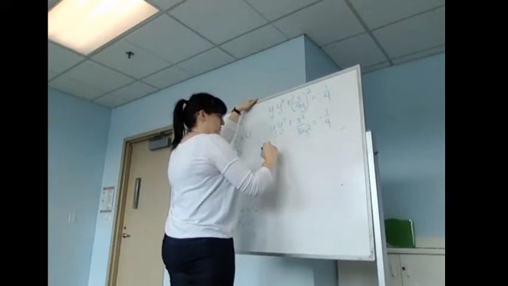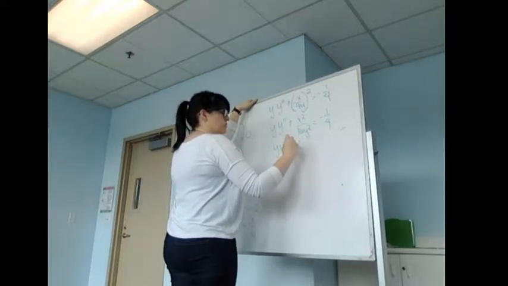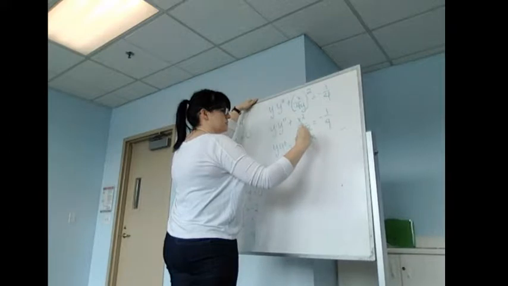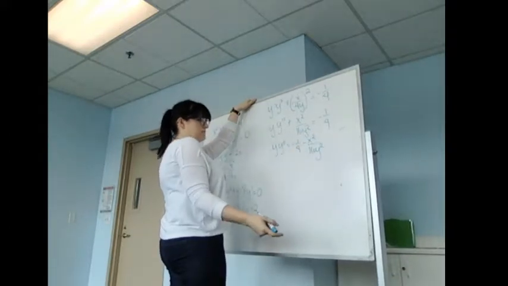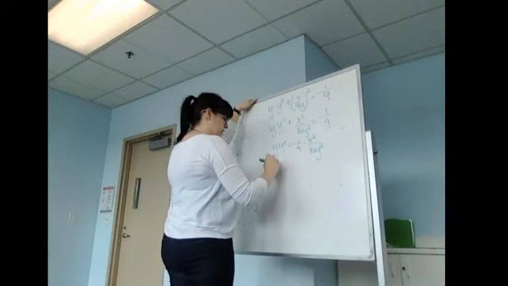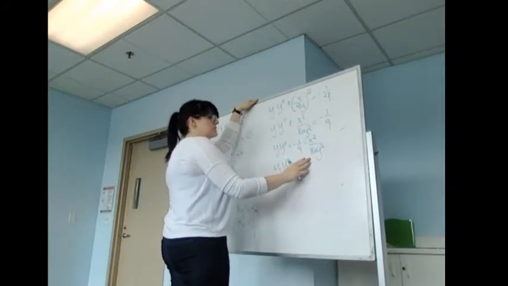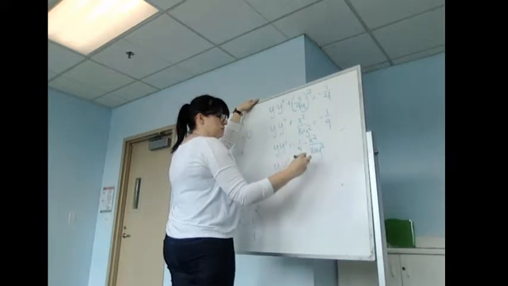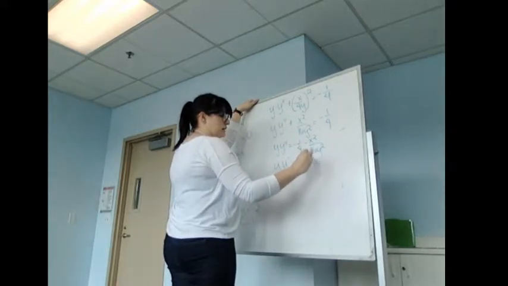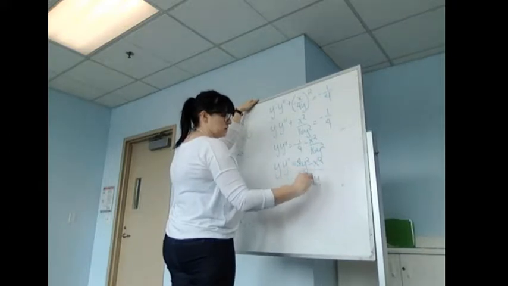So y times y double prime equals negative 1/4 minus x squared over 16y squared. Need a common denominator, 16y squared. So this becomes negative 4y squared minus x squared over 16y squared.